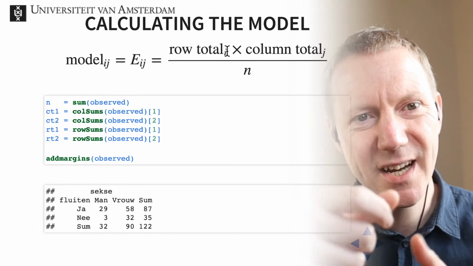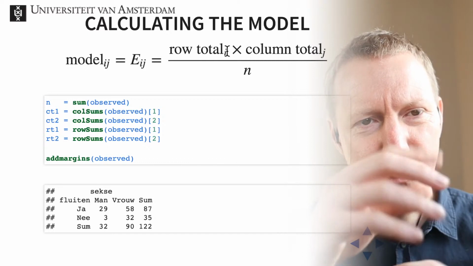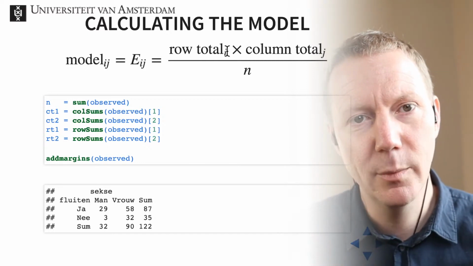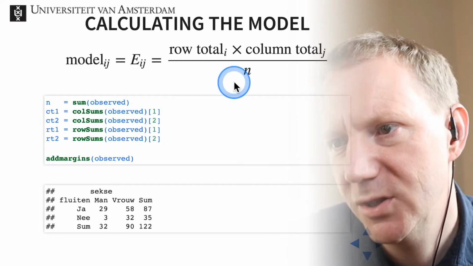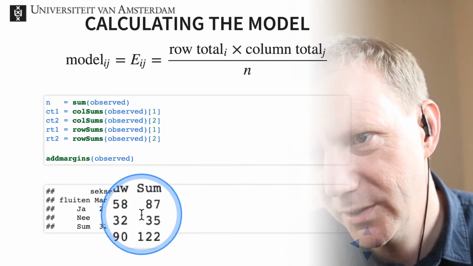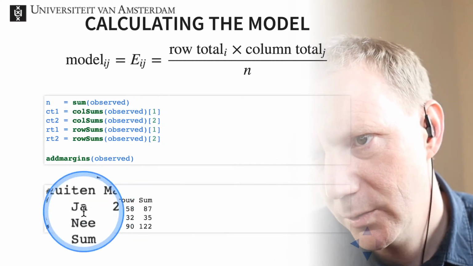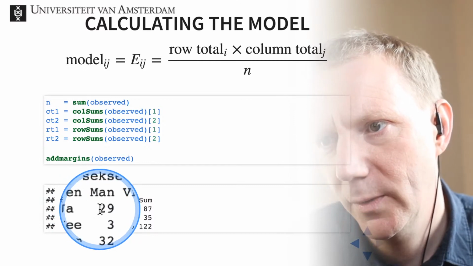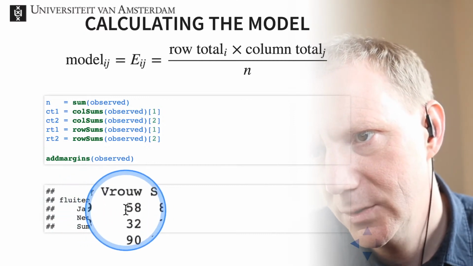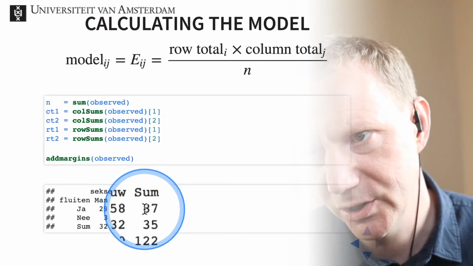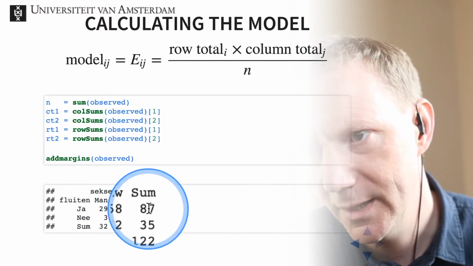But if inside the cells the frequency is relatively different than what you would have in the margin, and with margin I mean what we're seeing at the outskirts, the totals of the rows. So we have people that can whistle, 29 males to 58 females, and the total, those are the margins. It's the sum.